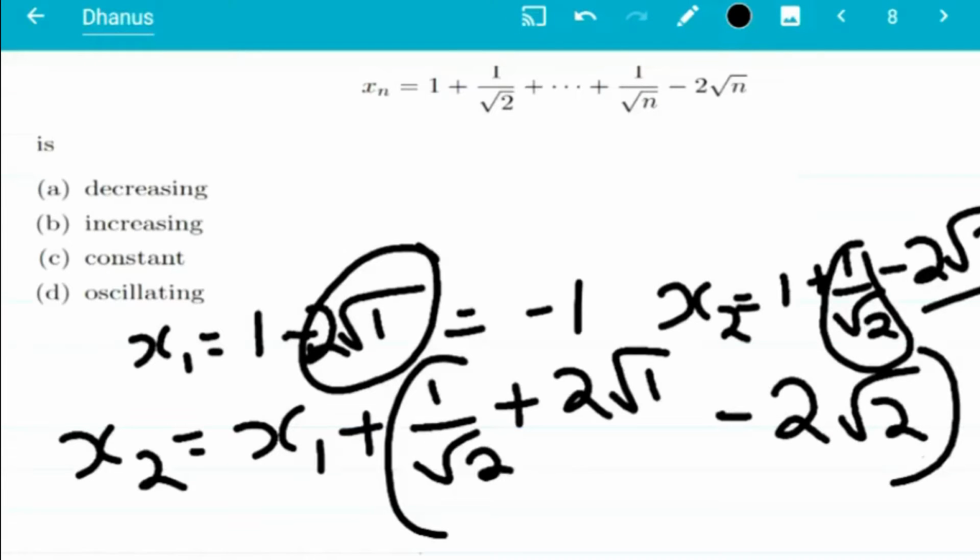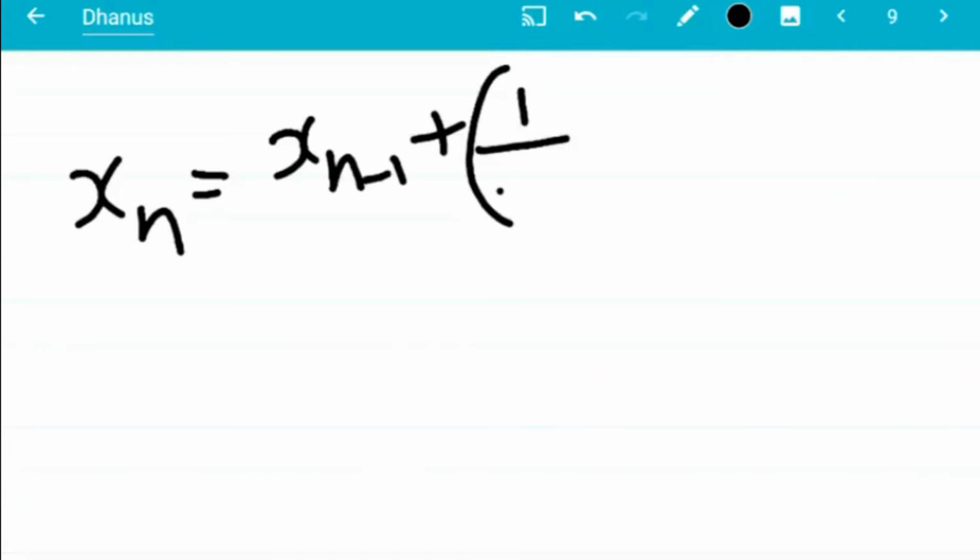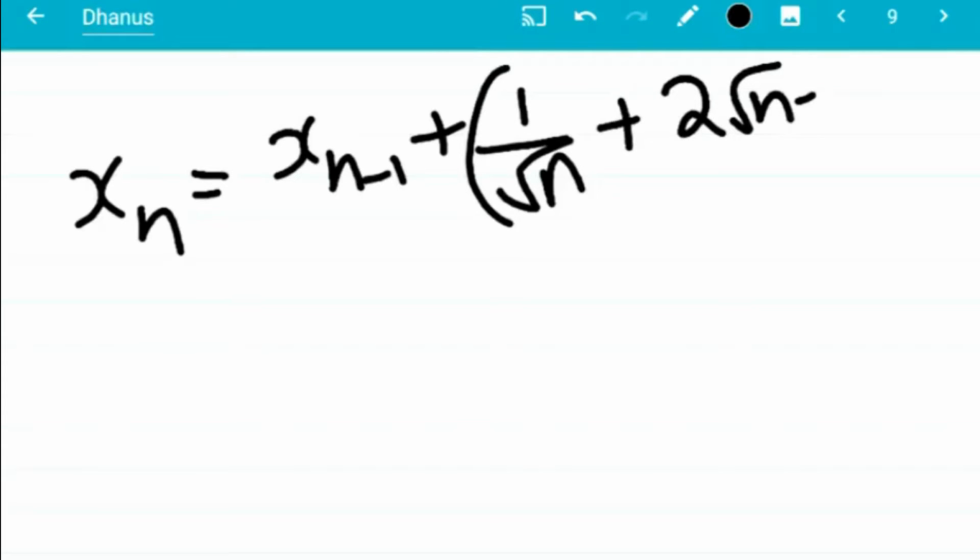In the case of xn, xn will be equal to xn minus 1 plus 1 by root n plus 2 root n minus 1 minus 2 root n.